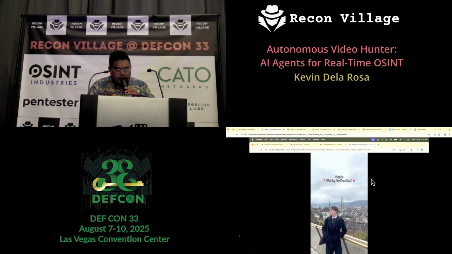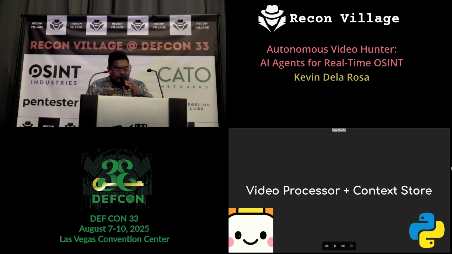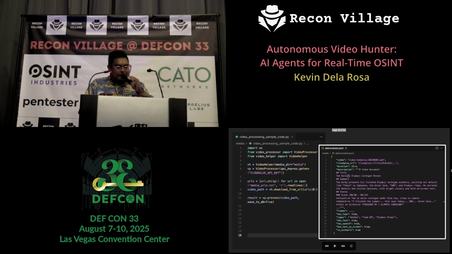Cool. And then the next bit, as I mentioned, was processing this video and putting it into some kind of searchable context store. I don't really have a demo for that, but I have sample code, and I'll also share sample code at the end of the presentation that you can play around with. Essentially, the video processor does two things.